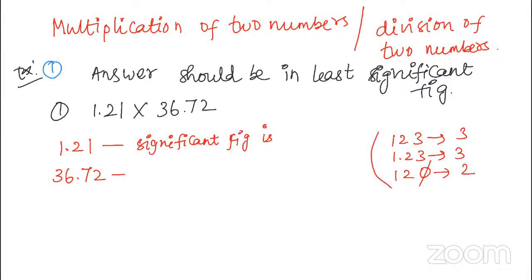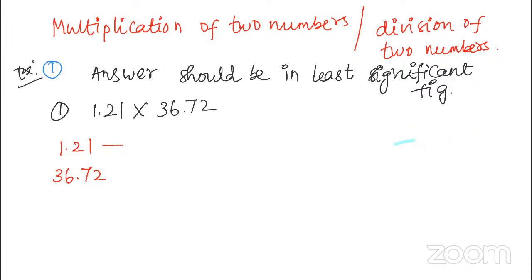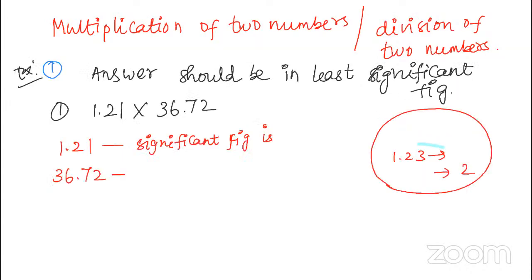Okay, so these are all numbers we saw as examples in the last class, right? Okay. So now tell me the significant figures of 36.72.